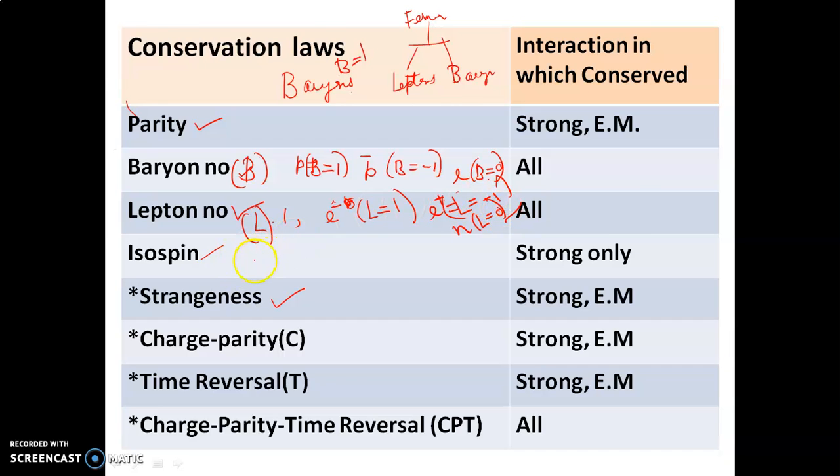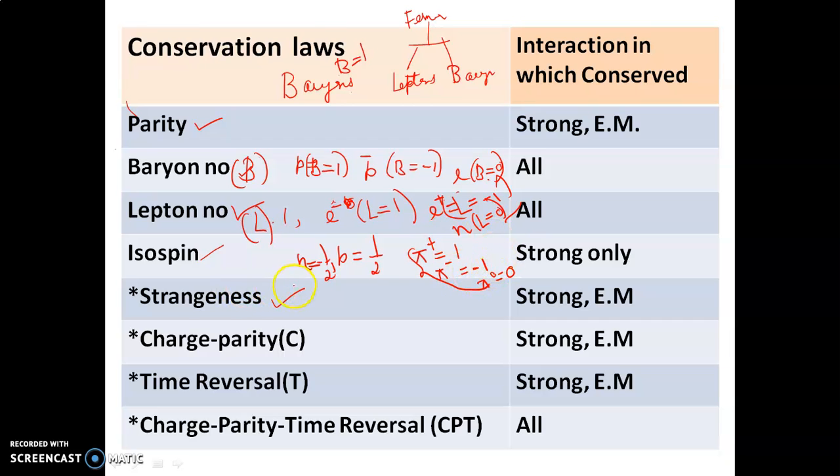Isospin we had already seen. A proton has an isospin of half, a neutron has an isospin of -half, and pions have isospin 1 for pi plus, -1 for pi minus, and 0 for pi 0. You don't have to remember all these values, I thought I'll just introduce these.